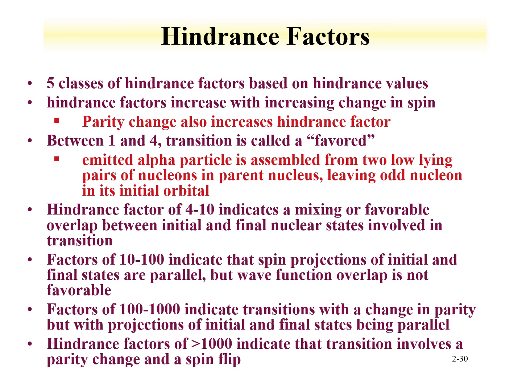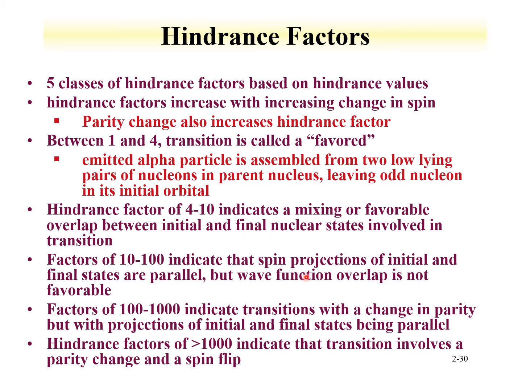So the emitted alpha particle is from 2 low-lying pairs of nucleons. Hindrance factors between 4 and 10 indicate a mixing or favorable overlap between initial and final nuclear states. 10 to 100 usually means that the spins of the initial and final states are going to be the same, but the wave function overlap is not favorable.